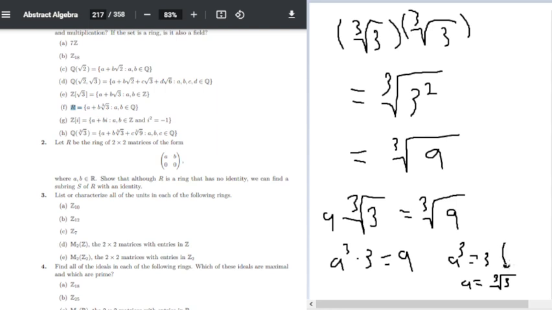Which, if I remember correctly, I'm just going to go out on a limb here, is not rational. And as such, it cannot be, which means that the cube root of 9 is not actually included in our ring.